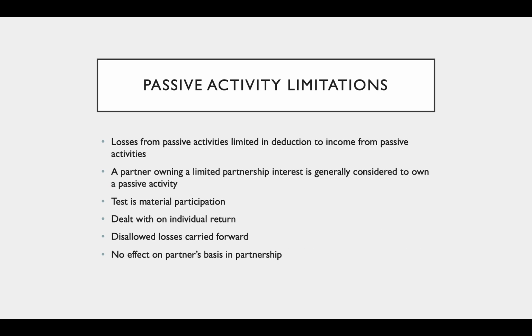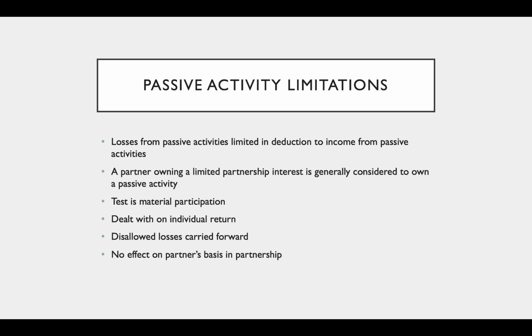The next set of limitations is the passive activity limitations. This is something that you studied in your individual income tax course. We know that individuals are limited in their deduction for passive activity losses to their income from the passive activities. And a partner who owns a limited partnership interest is generally considered to own a passive activity. So the test is material participation. We're not going to dive into the specifics of this because you've already learned it in your individual income tax.